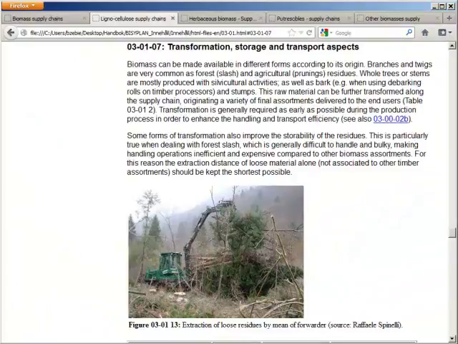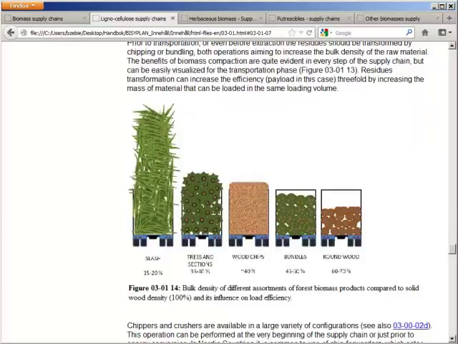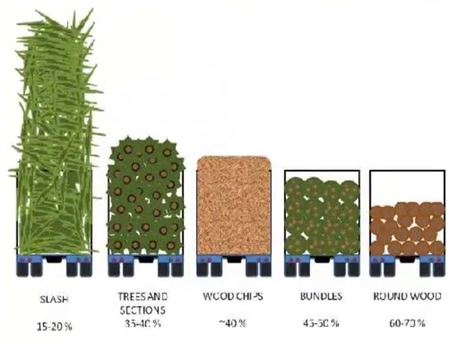So forwarders are used for the transport from the felling site up to the roadside, but then different vehicles are used. For forest fuels, there will also be a very good illustration in figure 14 in chapter 3.1 that indicates the differences in bulk densities.